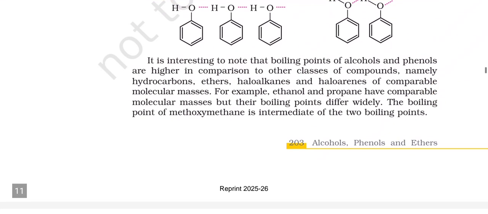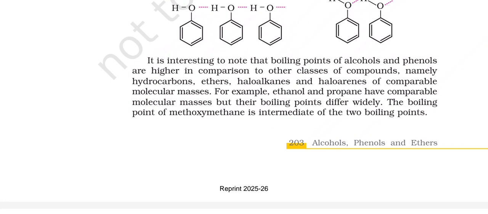The OH group in alcohol and phenol is involved in intermolecular hydrogen bonding as shown below. It is interesting to note that the boiling points of alcohol and phenol are higher in comparison to other classes of compounds, namely hydrocarbons, ethers, haloalkanes, and haloarenes of comparable molecular masses.